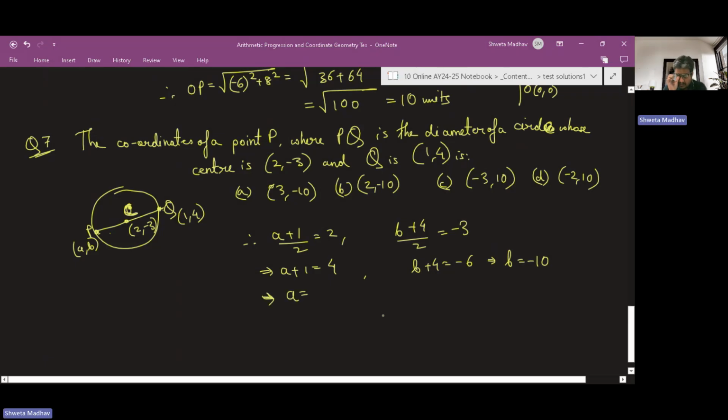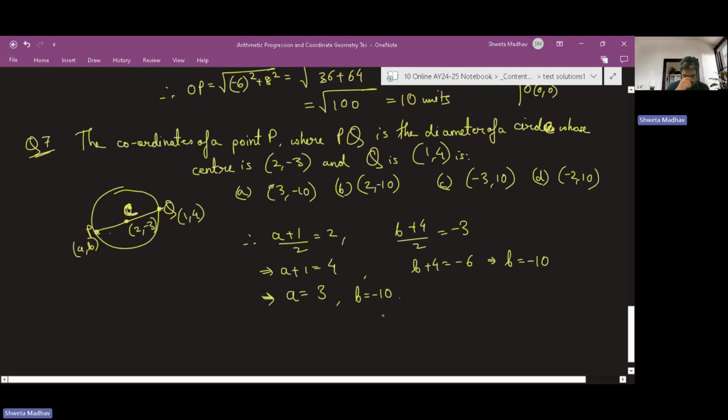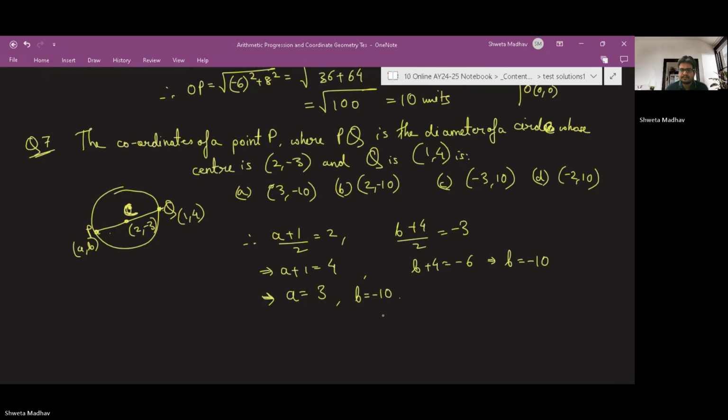A will be equal to 4 minus 1, that is 3, and B is -10. It means the coordinates of the point P are (3, -10). So option A is the correct answer.